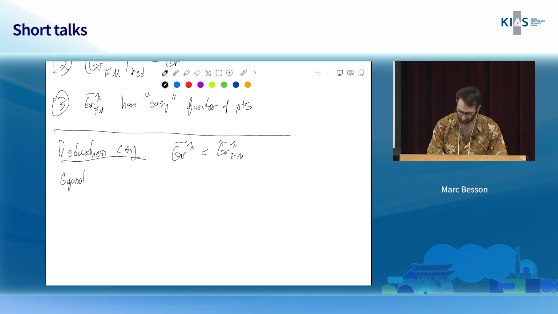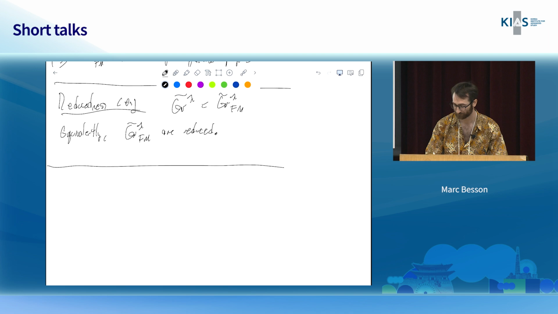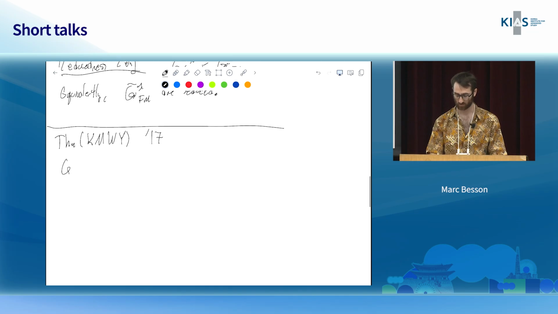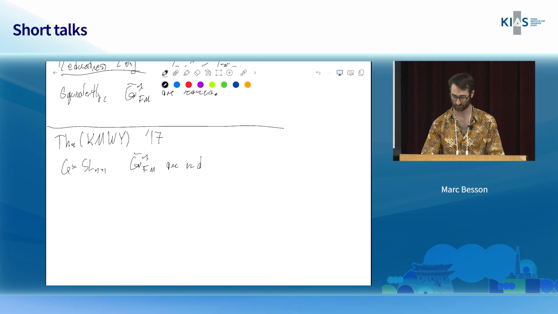And so equivalently, the conjecture is that these Finkelberg-Mirkovic Schubert schemes are reduced. And there's some recent progress in this direction. There's a theorem due to Kamnitzer, Muthiah, Weekes, and Yacobi in about 2017, which states that for G equal to SL_{n+1}, the affine Schubert schemes are reduced.